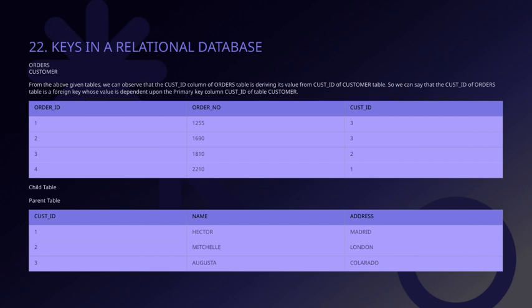This relationship helps us understand how data is connected across different tables in a relational database, ensuring consistency and referential integrity. So, whenever we see a foreign key, remember it's basically a way to connect related data from different tables, maintaining the overall structure of our database.